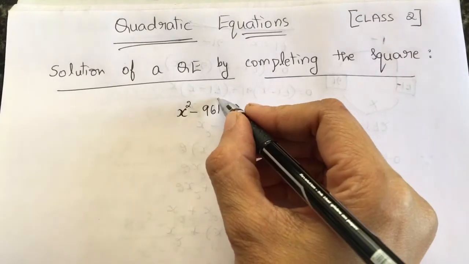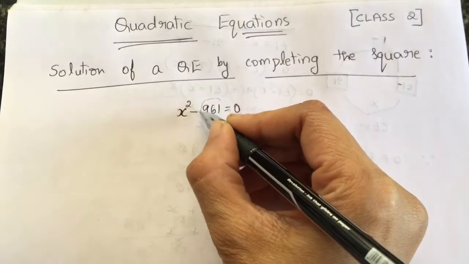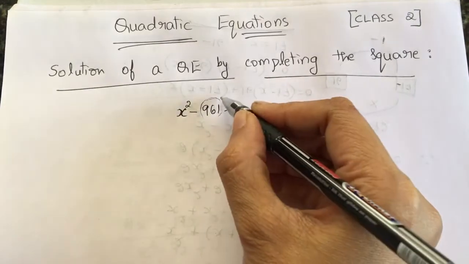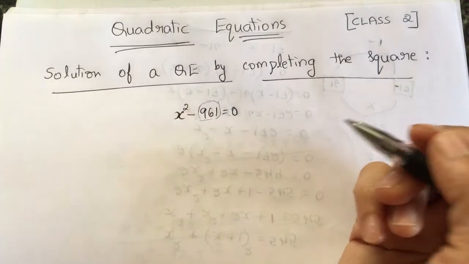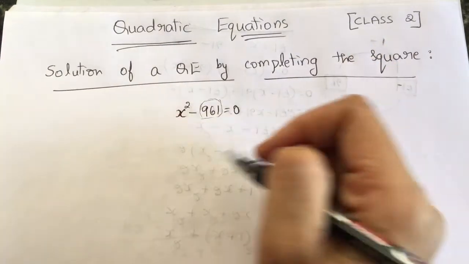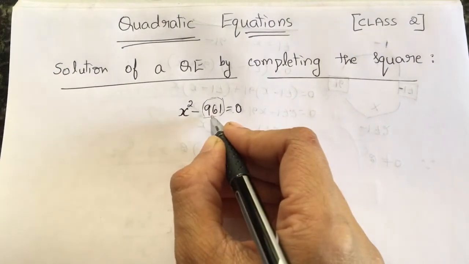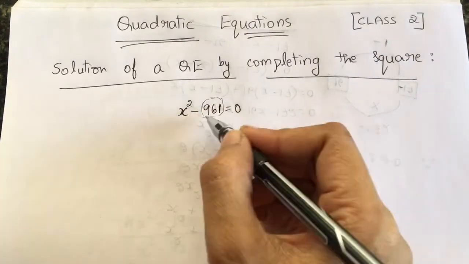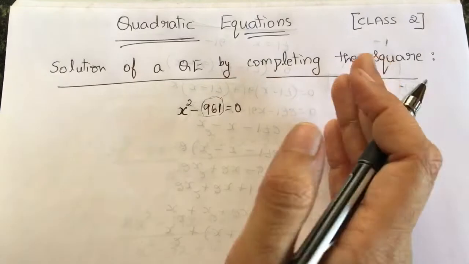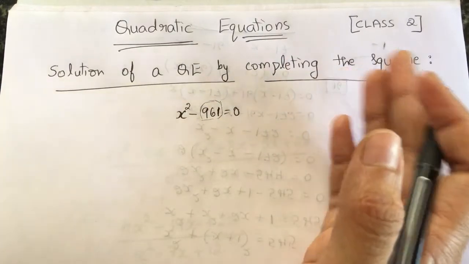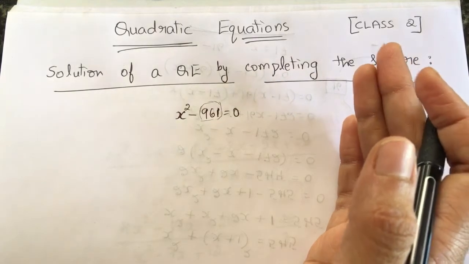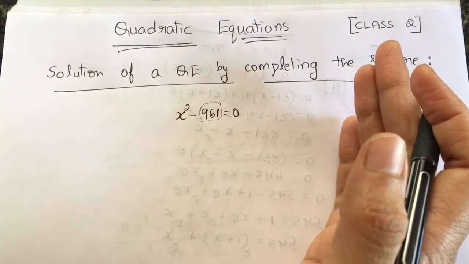Now you have to check whether this number is a perfect square number or not. If it's a perfect square number, then the work is very easy. Since it ends with 1, the root of this must end with 1 or 9.